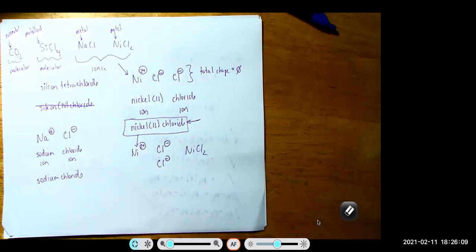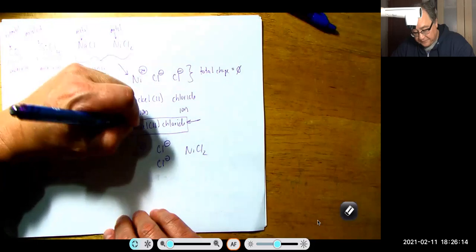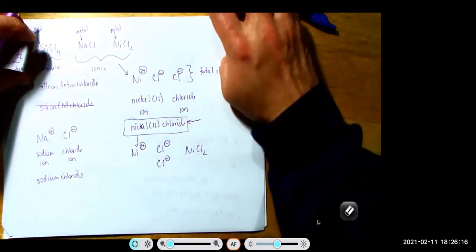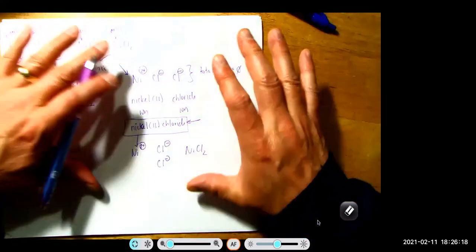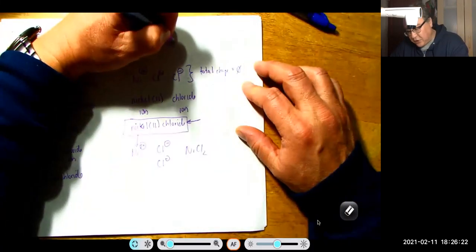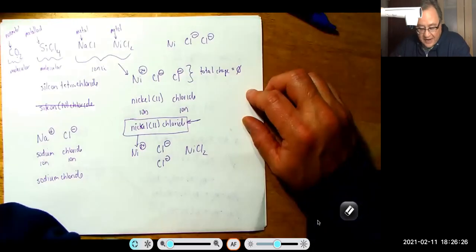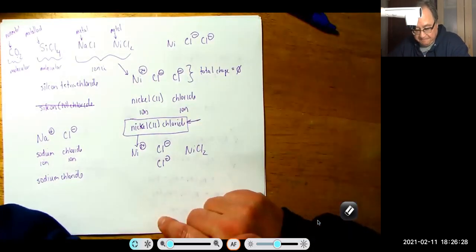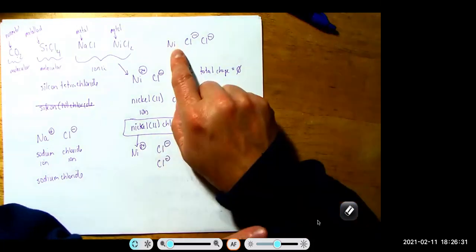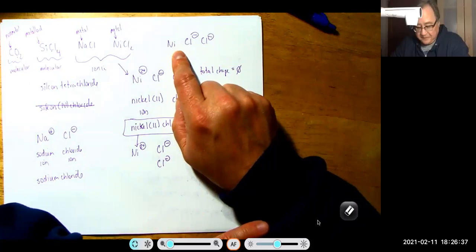But we do have to tell people that nickel is a +2 charge because you can't necessarily figure that out. From this formula, we can figure out that nickel's a +2 because the chlorines are -1s. So what does that have to be? If there was just one nickel, does that mean it would be molecular?